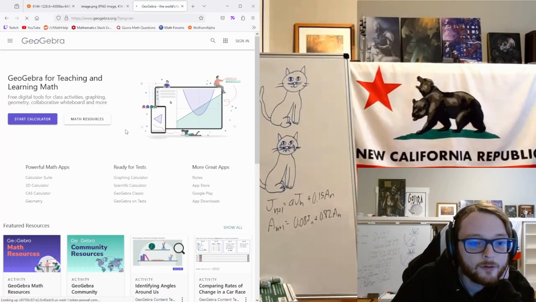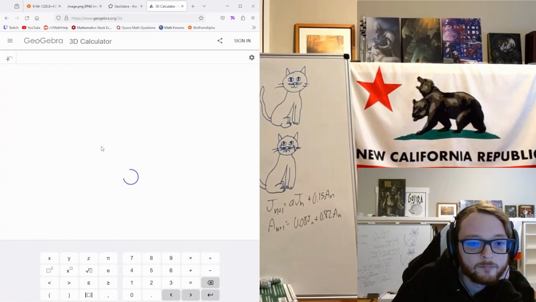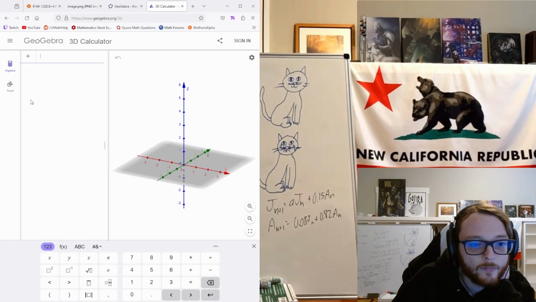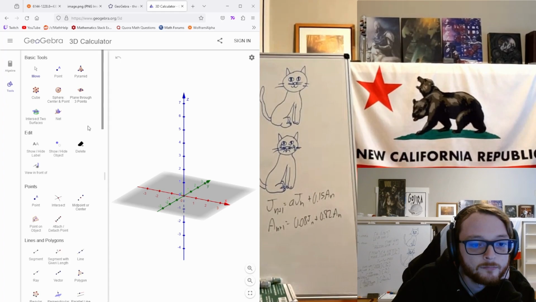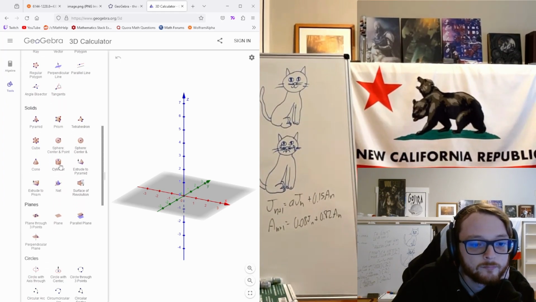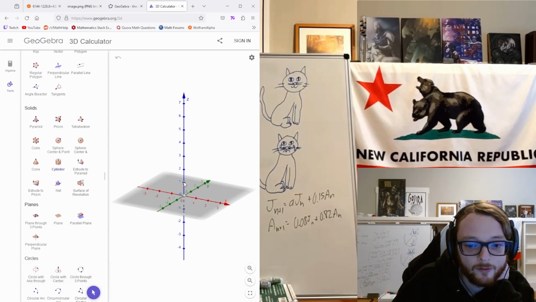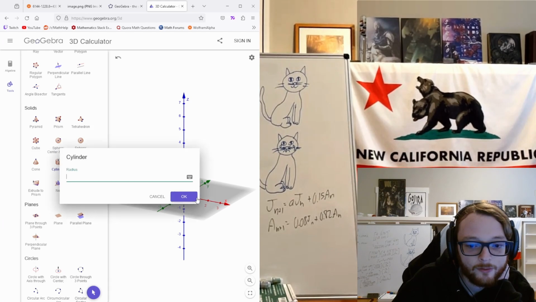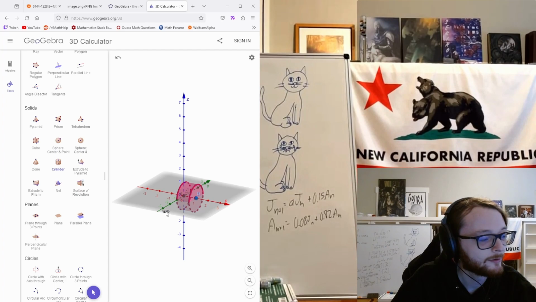Let's see. Cylinder. Select 2 points, then enter radius. 1. Oh, okay.